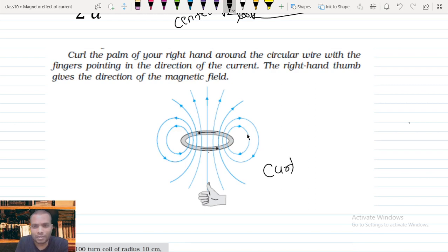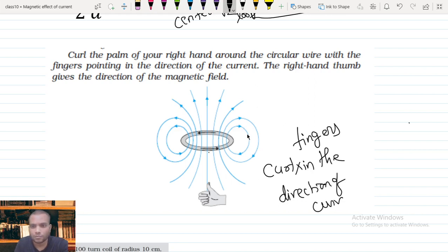curl our fingers in the direction of current, and the extended thumb indicates the direction of the magnetic field.